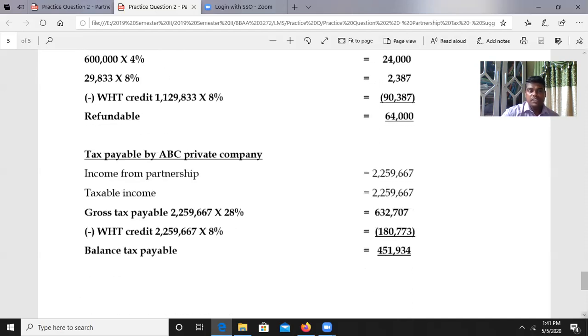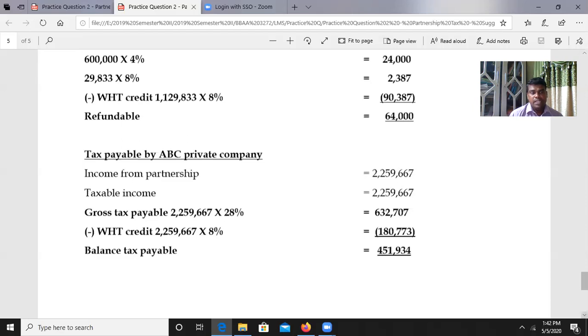the tax payable calculation of the ABC private company, here you can see that income from partnership is 2,259,667, because they are sharing 1:2 profit sharing. So 2 parts should be allocated to the ABC private company.